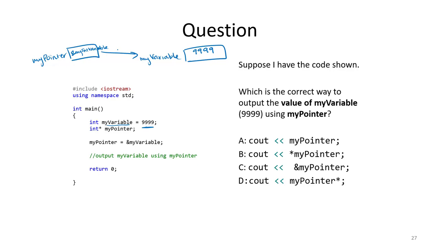So this question is asking, which of these is the correct way to output the value held in my variable? So we want to output 9,999, but we want to output that value using my pointer. Which of the following cout statements is correct? Take a moment and see if you can identify it.